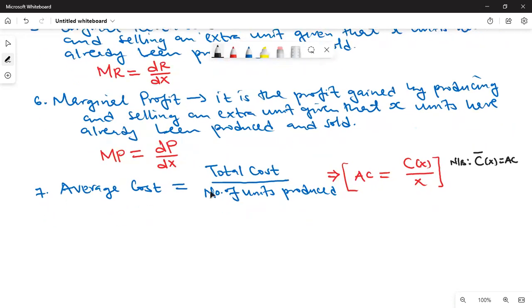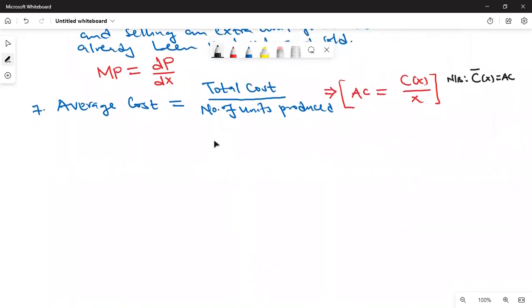Now, we also have average revenue. That's number 8. Let me explain average revenue. It simply means that if you produced 10 units and you have sold them, each unit you're going to sell at a different price.